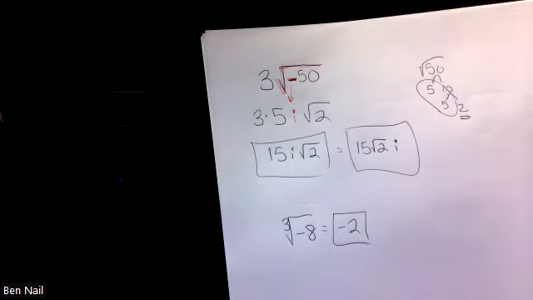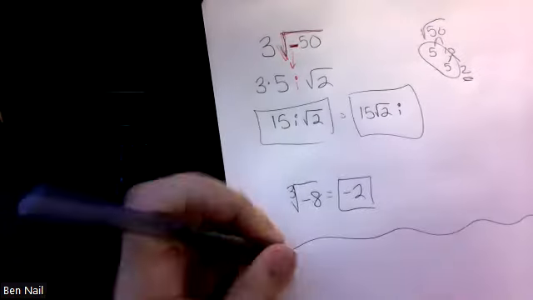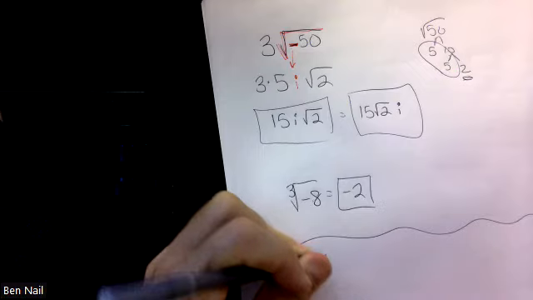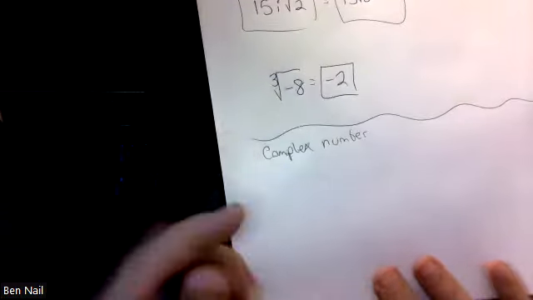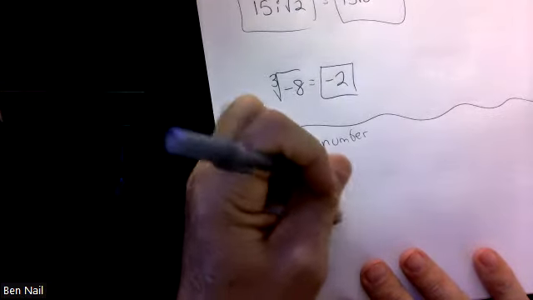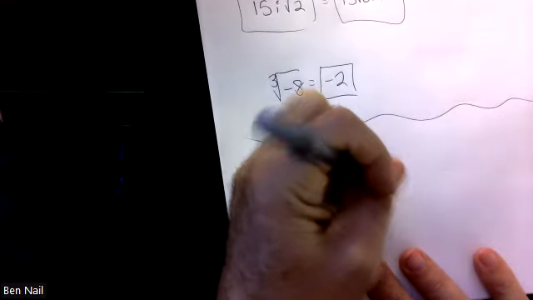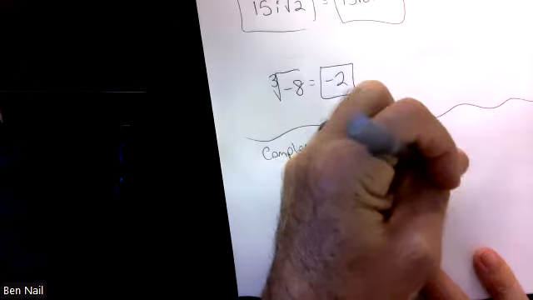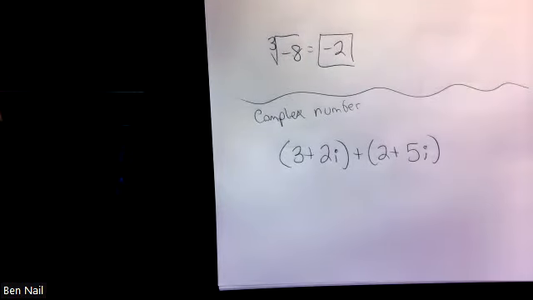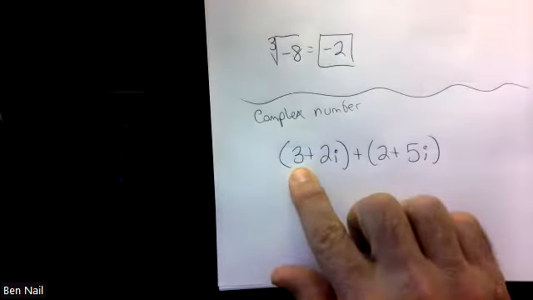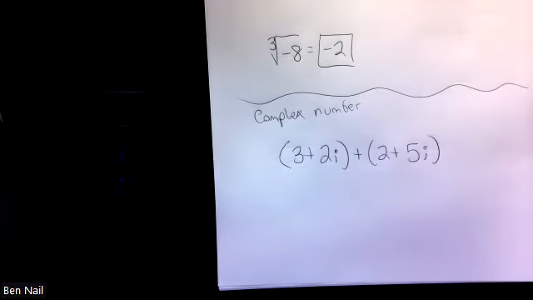Now, with imaginary numbers, you also get these things called complex numbers, and a complex number just combines an imaginary portion with a real portion. For example, they may ask you to add 3 plus 2i and 2 plus 5i. This is considered a complex number. We have a real portion and an imaginary portion.